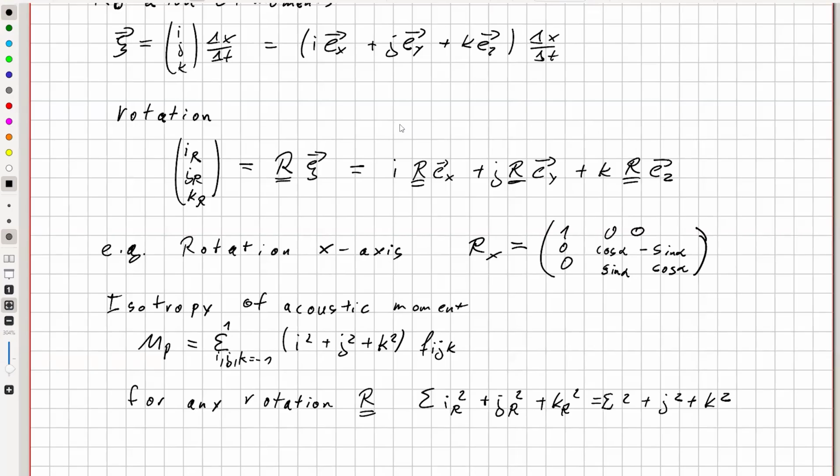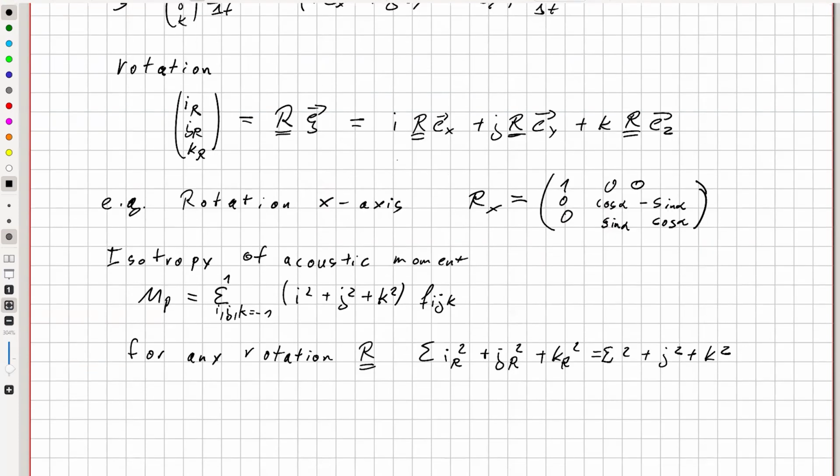So let's see how this works for something else, namely for the third order moments, M_120 plus M_102, which is equal to the sum of f_ijk from minus 1 to 1 times i times j square plus k square.